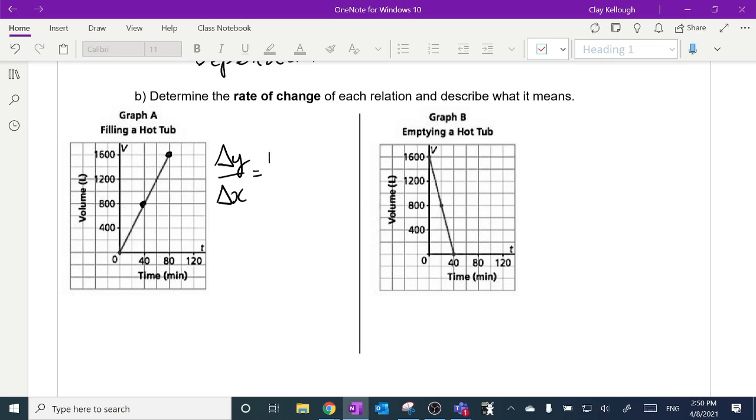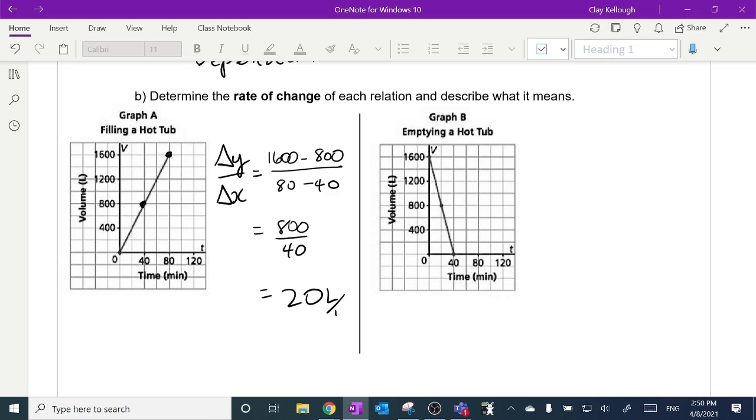It goes from 800 up to 1,600. And then how much does it change in the x direction? Well, it was 80 in the second point here, and it's 40 for the first point. So that would be 800 divided by 40, which is 20. Now this has a unit.